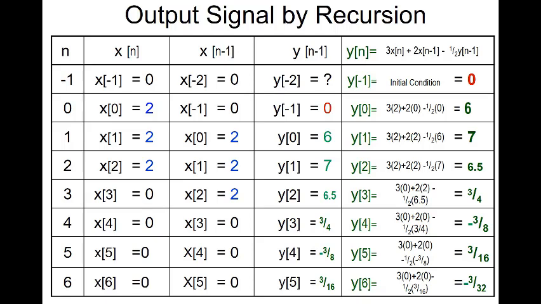Keeps going on like that. Plus 3/64, minus 3/128, boom, boom, boom, boom, boom. So I put in a square pulse, and I got a response. Got the response. Whoa.